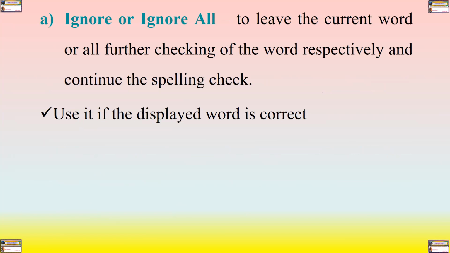For example, if you have a word that is maybe for a person or a place and that name is not known by the dictionary, then it will be highlighted as being an error or a mistake. So in that case, you can click on ignore or ignore all.